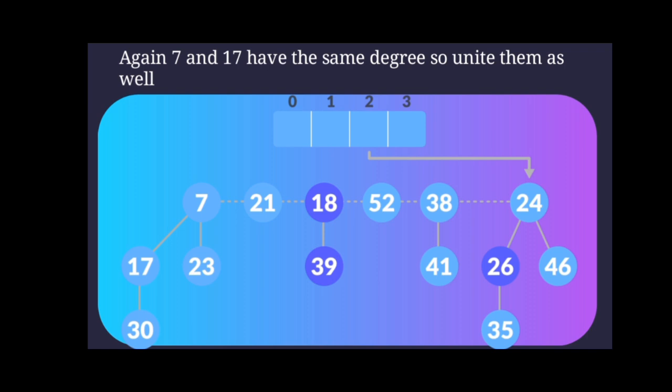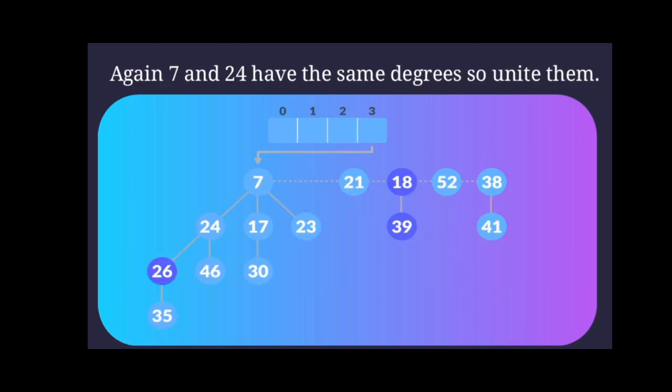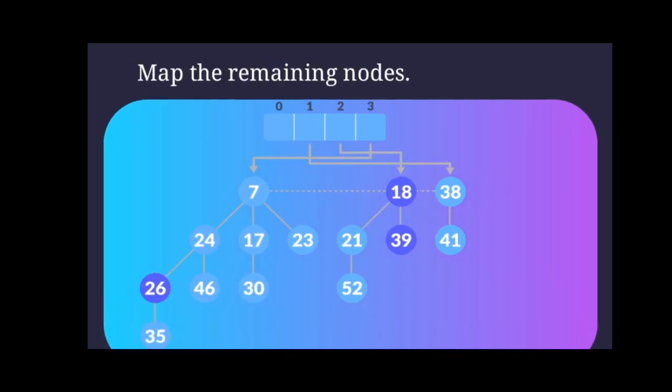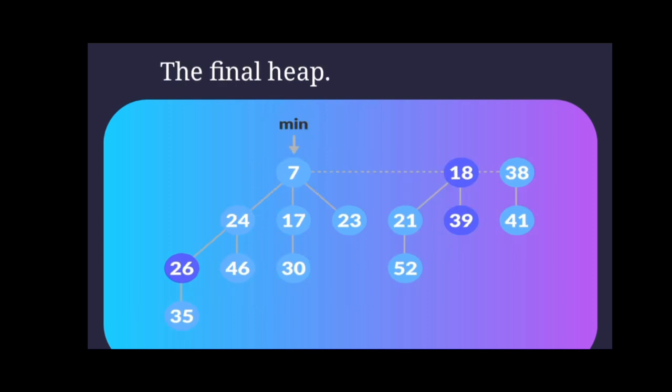Next, 7 and 17 have the same degree, so we're going to unite them as well. Next, 7 and 24 have the same degree, so we're going to unite them again. The last step is we're going to map the remaining nodes.